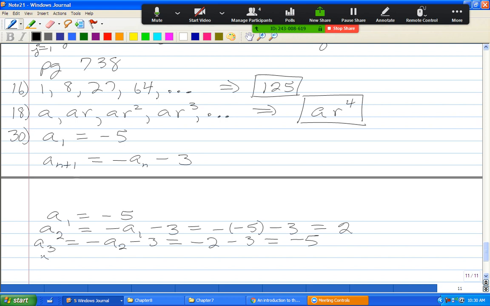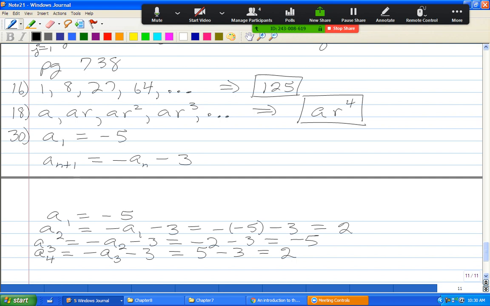A sub 4 is equal to negative a sub 3 minus 3. So change the sign so that negative 5 becomes a positive 5, minus 3 is positive 2.